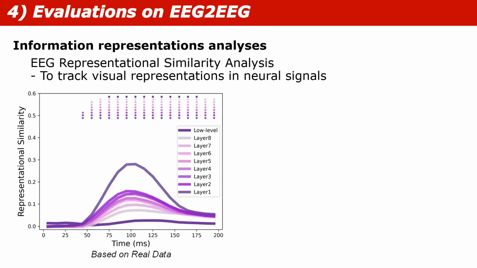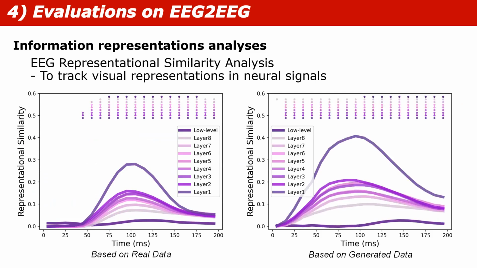On the left is the RSA result based on real data. We find hierarchical representational similarity patterns between real data and the CNN. This is consistent with previous studies. And on the right, based on generated data, we also find these hierarchical representational similarity results.